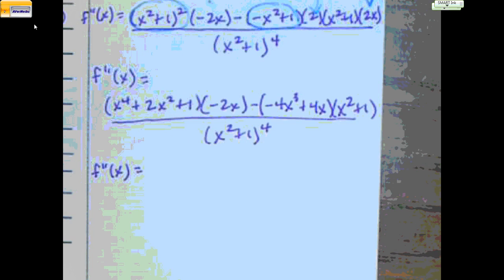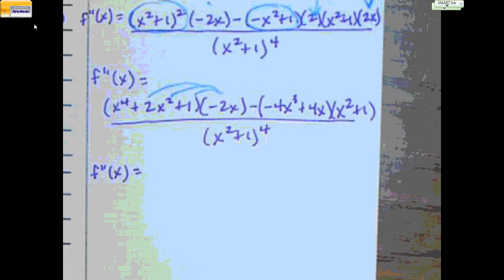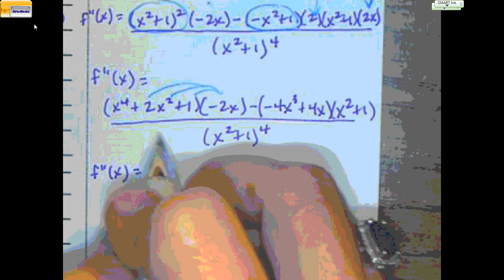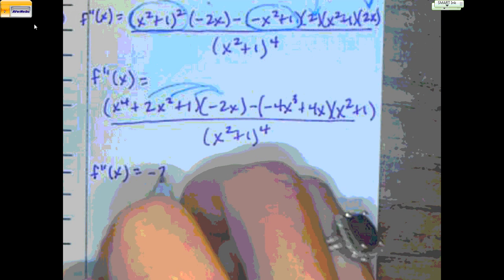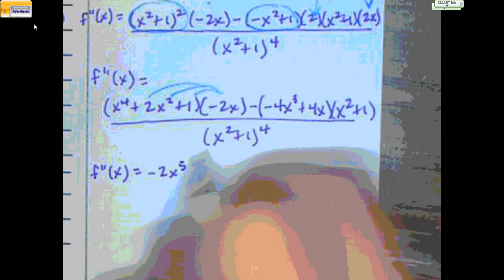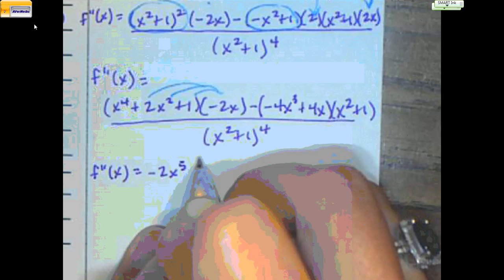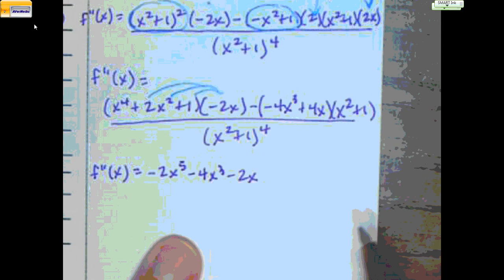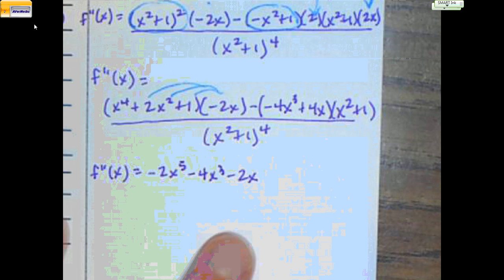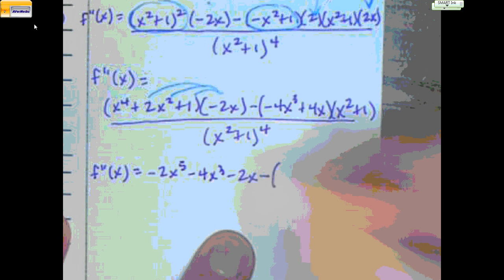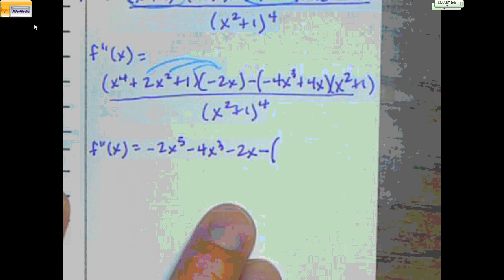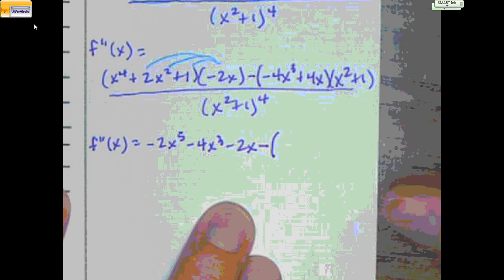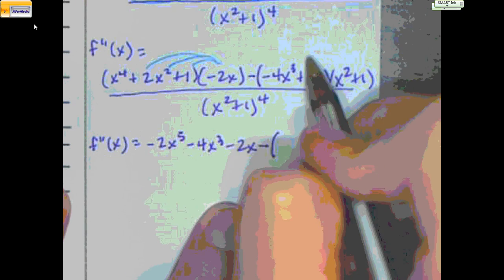Now I need to distribute my -2x to all of these little guys. So I have -2x to the 5th. I'm still probably writing too big. Minus 4x cubed minus 2x minus, and I'm going to keep my parenthesis here, and I'm going to go ahead and FOIL these little guys right here.